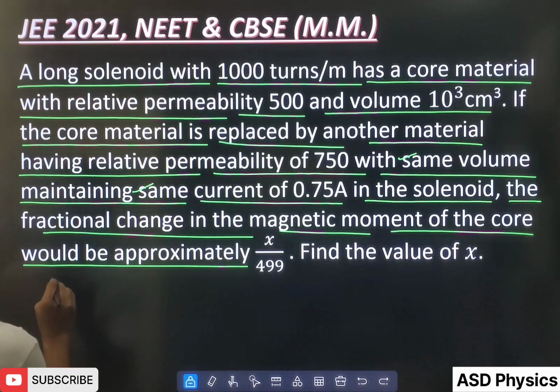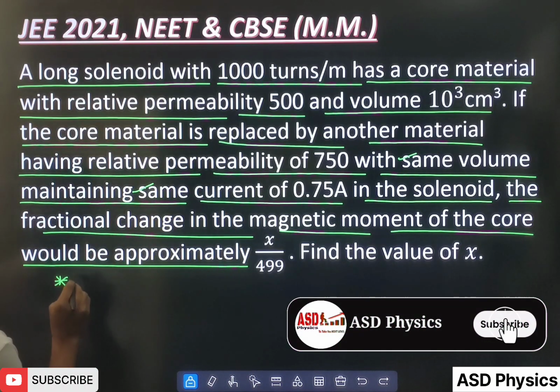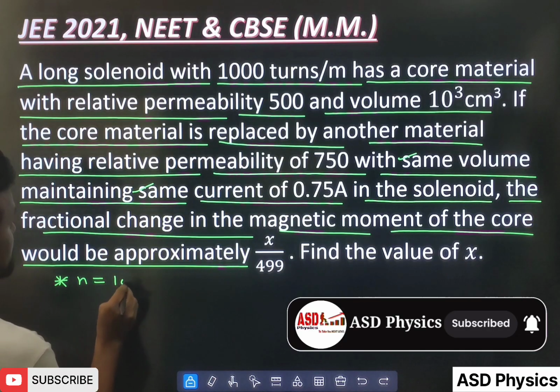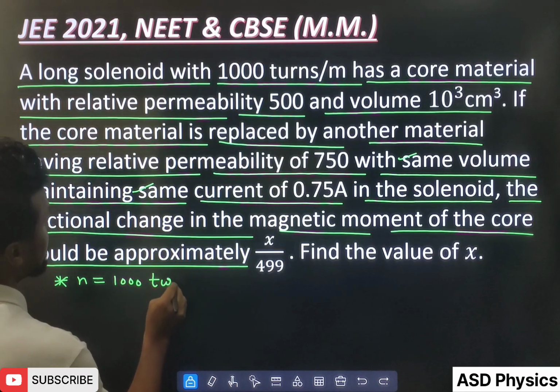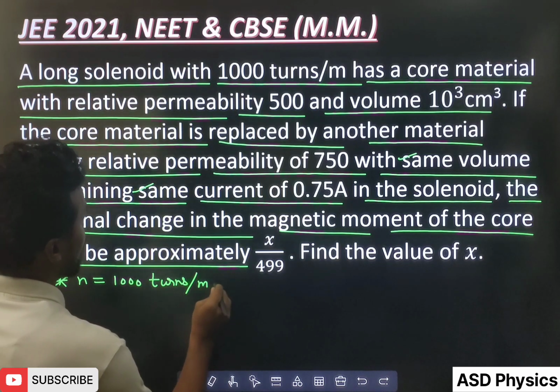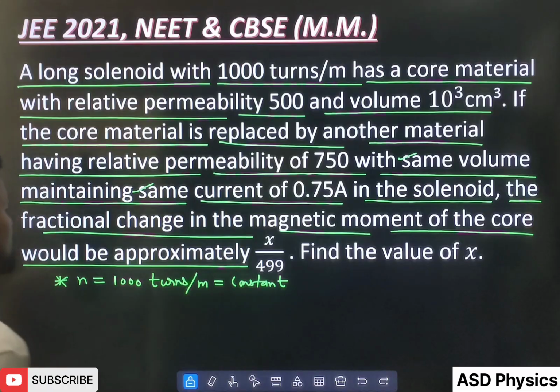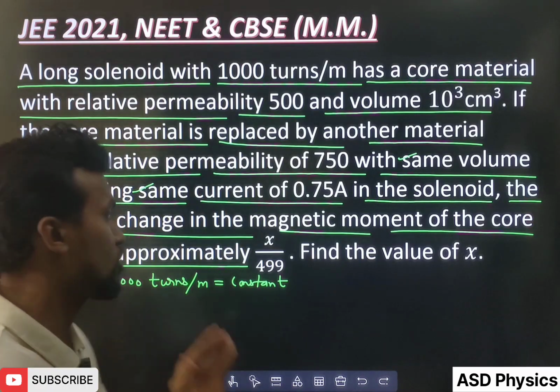Okay, so let's note down here the number of turns, that means small n, number of turns per unit length, what is given here, 1000 turns per meter. And when we are using another material, the number of turns we are not changing, that means constant.